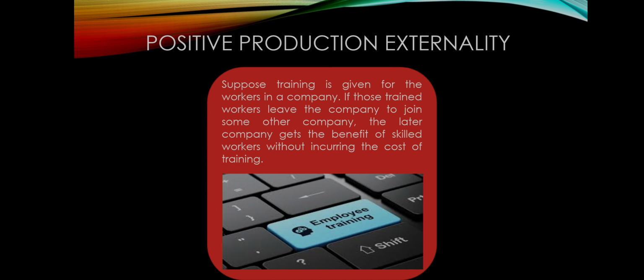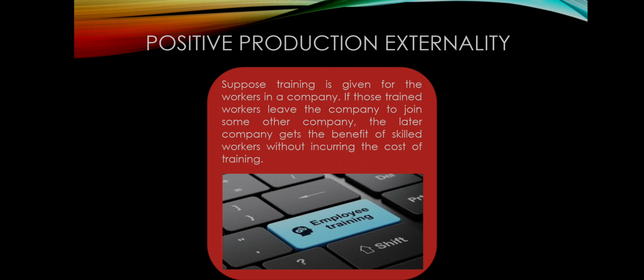Next, what are the externalities out of production activities? Suppose in an organization a training is being given on a particular software or particular usage of an equipment. For that training, what will happen? Suppose the particular employee leaves the job and joins another company.